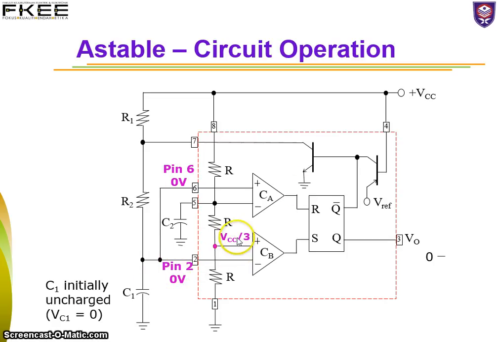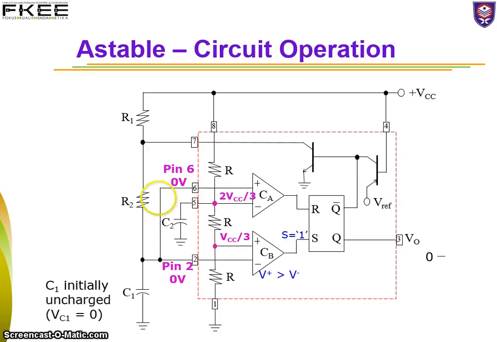So VCC over 3, at the positive terminal, will be greater than 0 at the negative terminal. We say V plus is greater than V minus, so the output of comparator B will produce a logic 1. Your RS flip-flop will receive 1. For the upper comparator, the voltage here will be 2/3 of VCC.